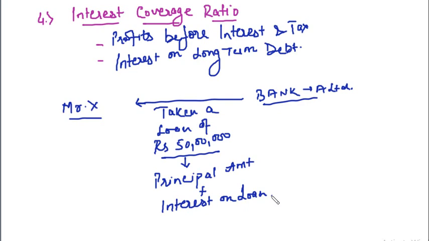So now what is the relationship between the profits and interest? Right? This ratio is calculated to identify whether Mr. X is earning sufficient profits to pay this interest on loan. Whether Mr. X is earning sufficient profits to pay off this interest on loan. Right?